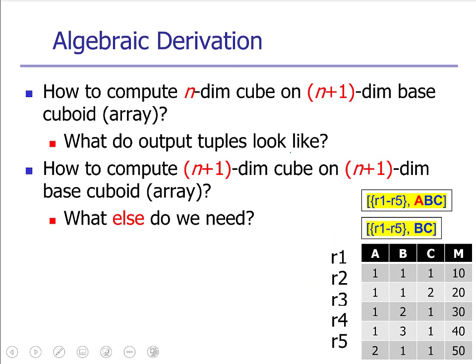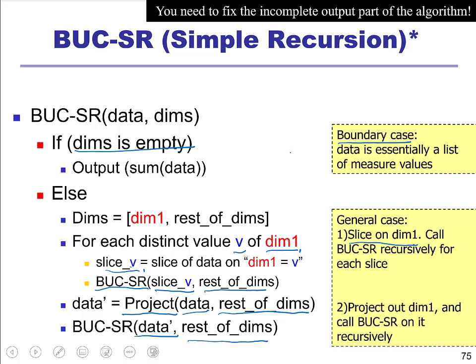So we apply the same algorithm, the same function, on top of it: BUCSR on this data prime, and still on the rest of the dimensions.